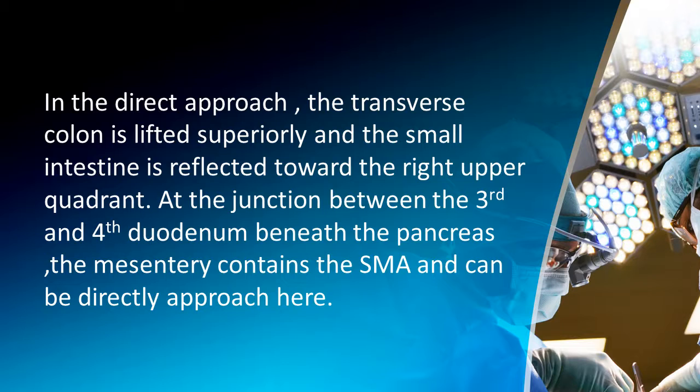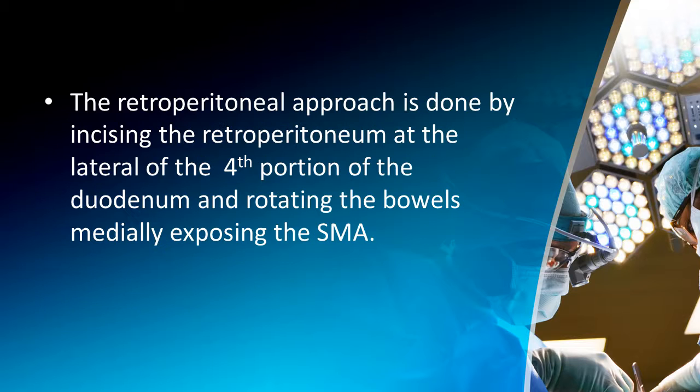The mesentery contains the SMA and can be directly approached here. The retroperitoneal approach is done by incising the retroperitoneum at the lateral of the fourth portion of the duodenum and rotating the bowels medially, exposing the SMA.